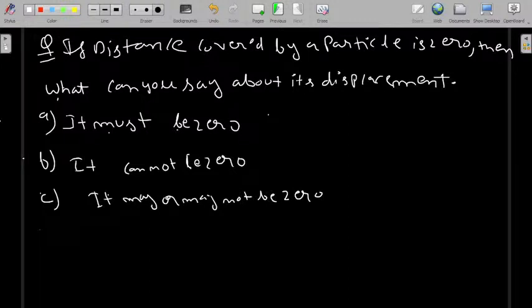And fourth option is can't be determined. You cannot determine the displacement of the object just by knowing how much distance it has traveled. Okay, so data insufficiency, you can say.